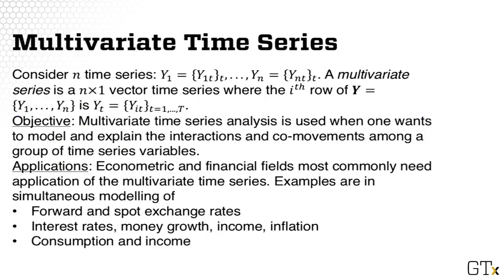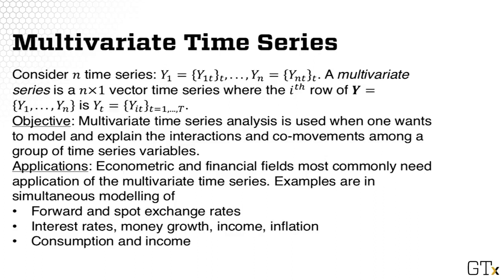We can expand the concept of univariate time series to multivariate time series, which means that instead of having one time series, we have a collection of n time series, possibly related or correlated in time. Throughout this lecture, we will use multiple notation to refer to a multivariate time series.